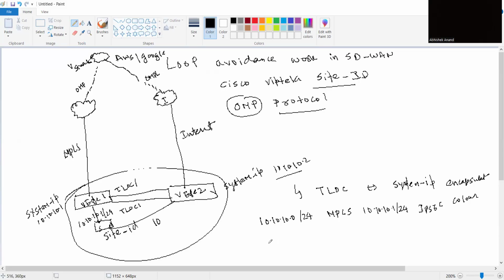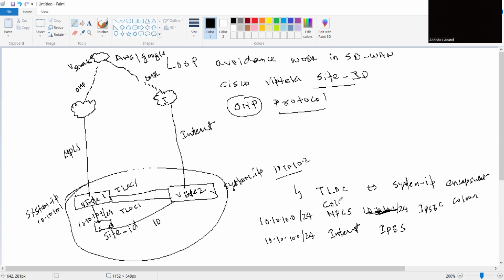Similarly, 10.10.10.0/24 will be advertised from the primary with the internet color and IPsec.